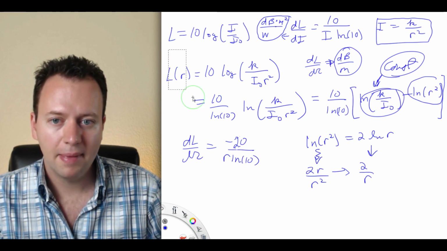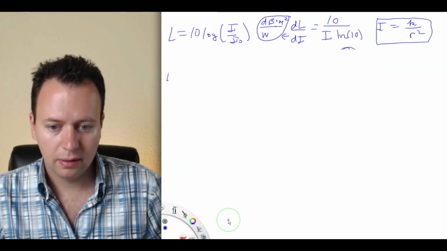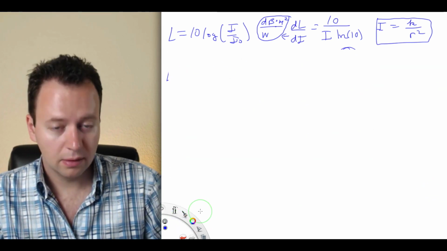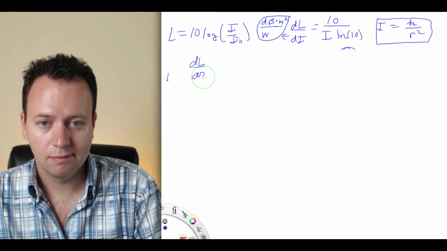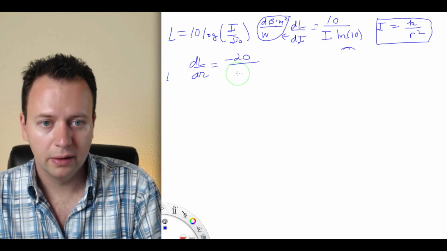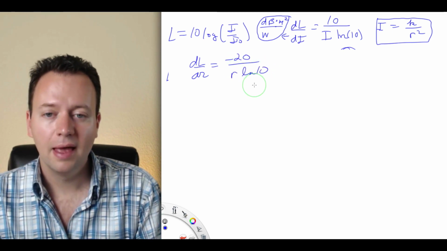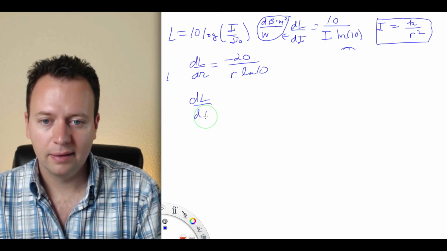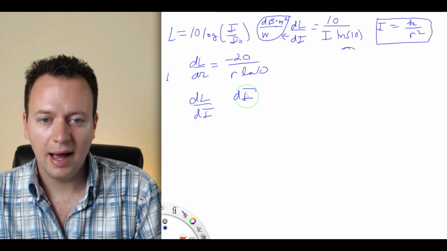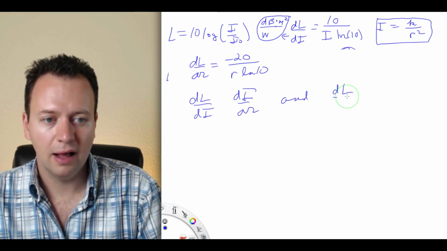So let's move that back up top. So the dL/dR was equal to minus 20 over R ln of 10. Now what we're going to do is look at the dL/dI, the dI/dR, and compare those two with the dL/dR.